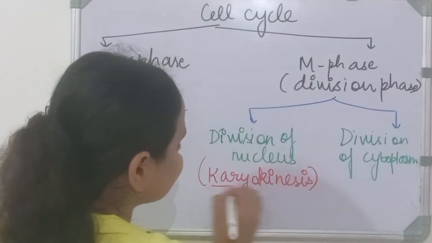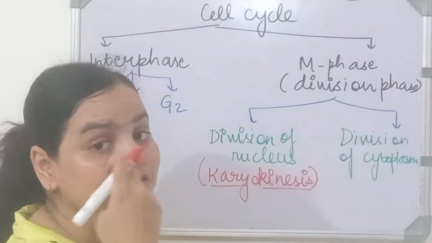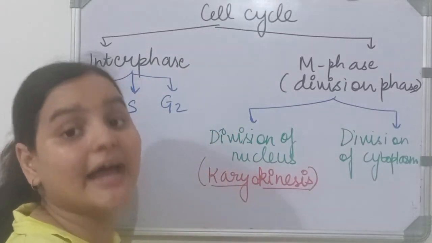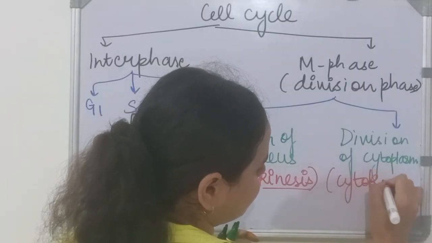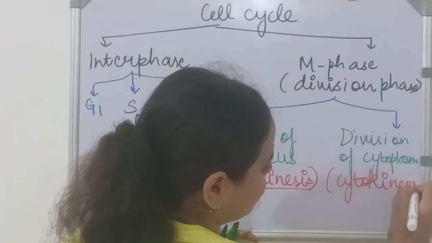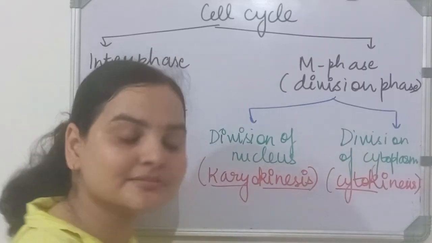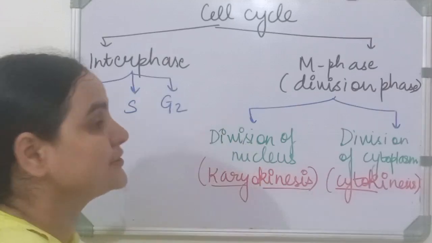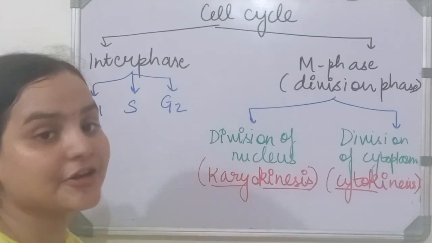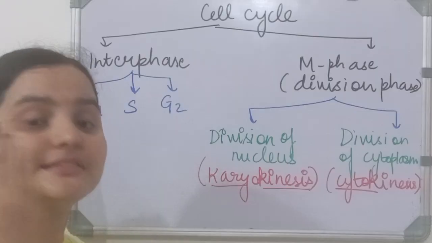And this division of cytoplasm is known as cytokinesis. Cyto means cytoplasm and kinesis means division. So division of cytoplasm.